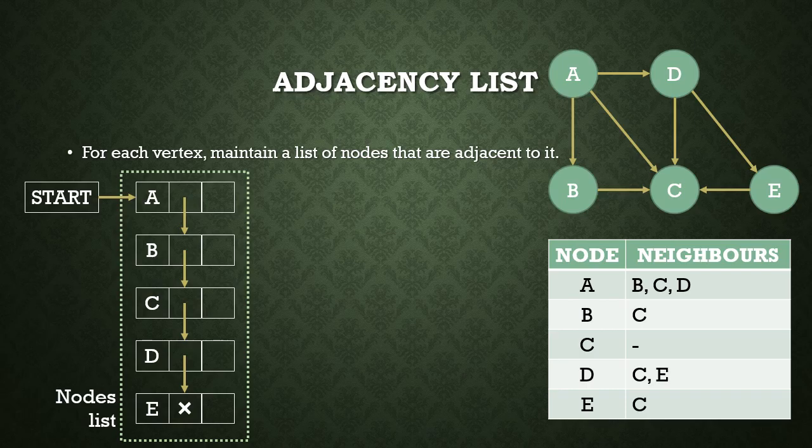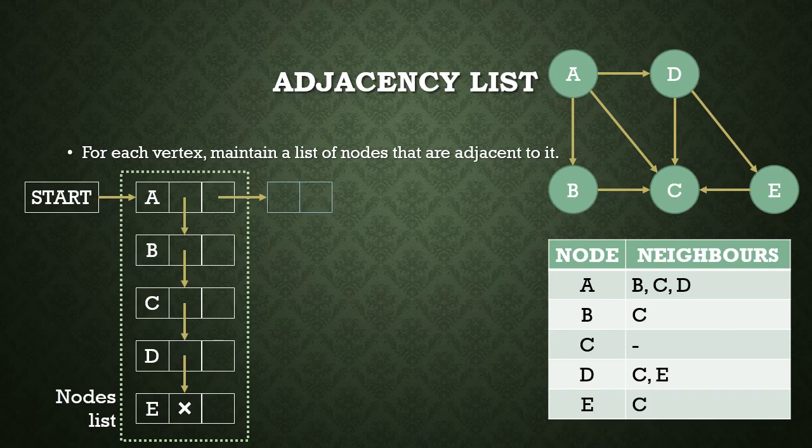Now look at the node containing A. A has three edges. I add a data structure containing two fields, and the adjacency list pointer of the node containing A points to this two field node.